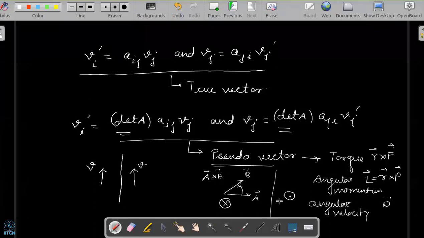Here, a cross b gives out of the plane, and in the mirror image it will give into the plane. So the determinant's plus or minus sign is changing the direction of the vector, and it does not satisfy the transformation rule, though it satisfies all the criteria of vector addition, subtraction, everything we can do using vector algebra. When we come to the transformation rule, it fails, and because of that the term pseudo is used for these quantities.